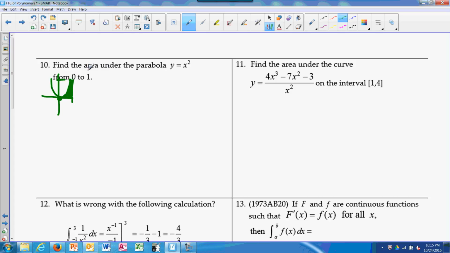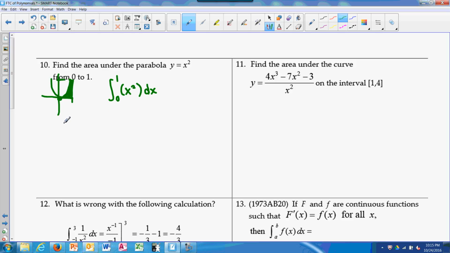So when we see this, the area under the parabola, this is all a positive area, so that means that the integral will give me the exact area. So again, this is doing our base times height from x is 0 to x is 1.